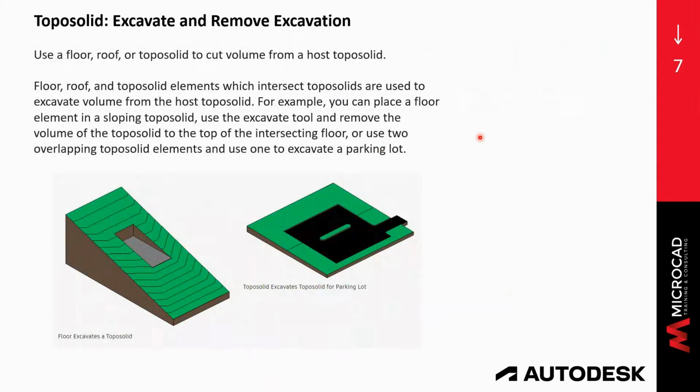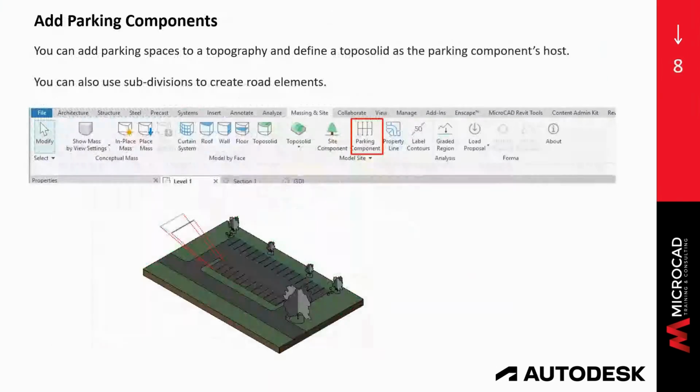As I just showed you, you can create excavations, not only with floor elements, but you can also use the shaft tool. And you can create a toposolid to excavate out of another toposolid through Boolean operations. And then you can add parking components and you can add site elements.